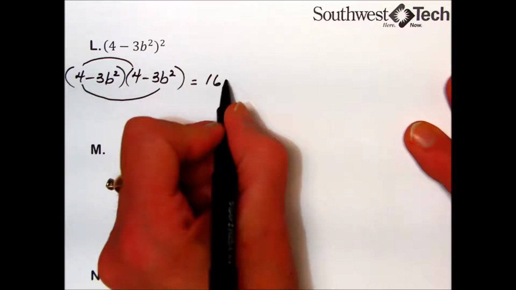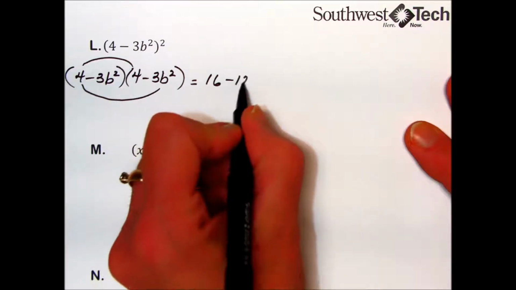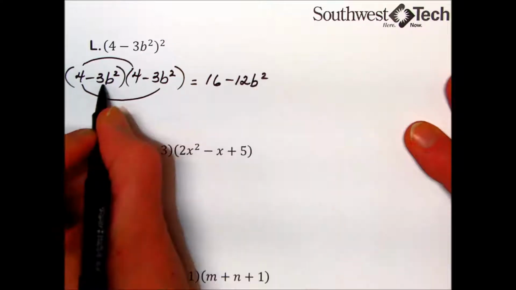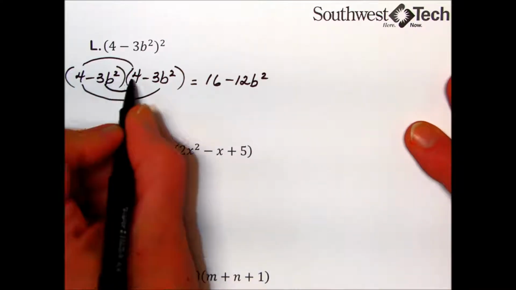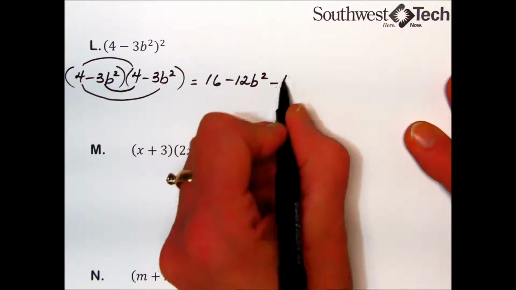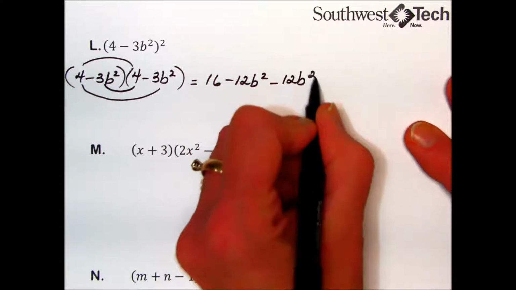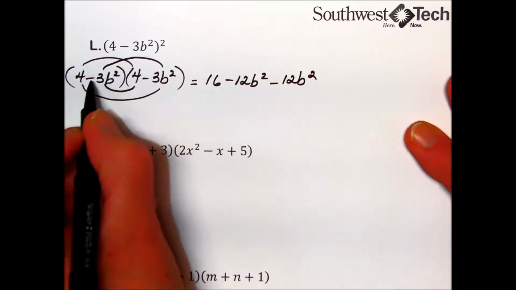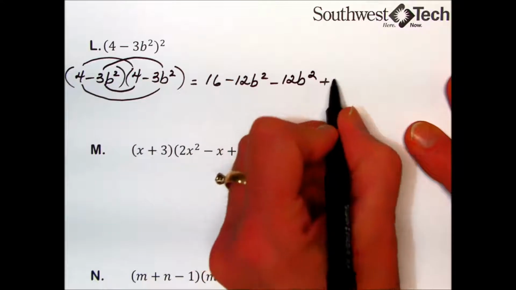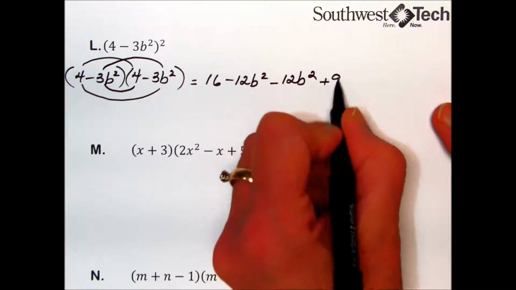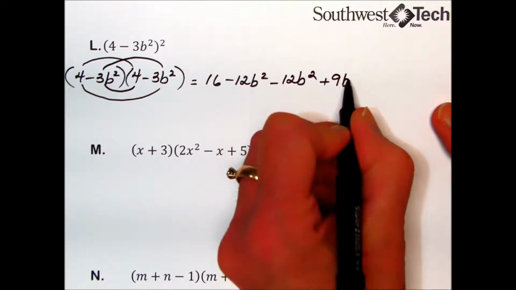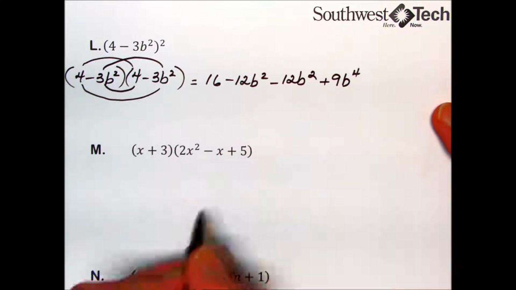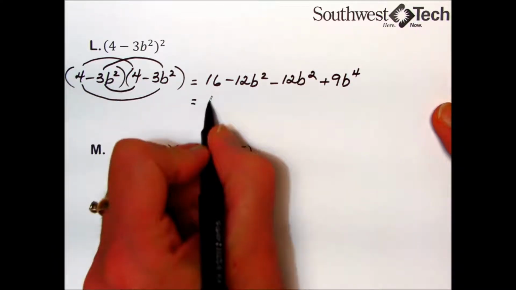Outside we will have a negative times a positive. 4 times 3 is 12, b to the second. Inside a negative times a positive, 3 times 4 is 12, and the b squared. And then last terms, a negative times a negative is a positive. 3 times 3, 9, b squared times b squared. Add those exponents gives us b to the 4th power.